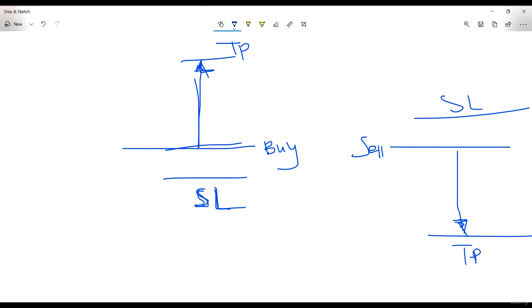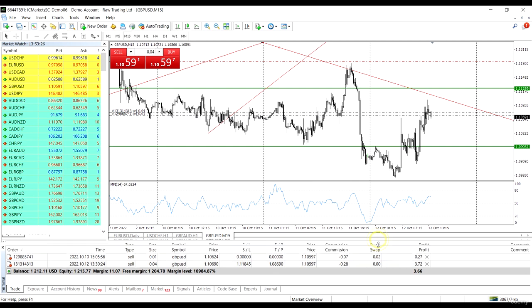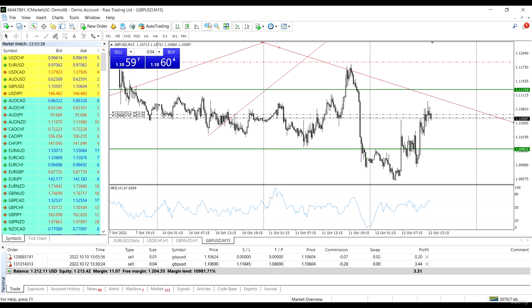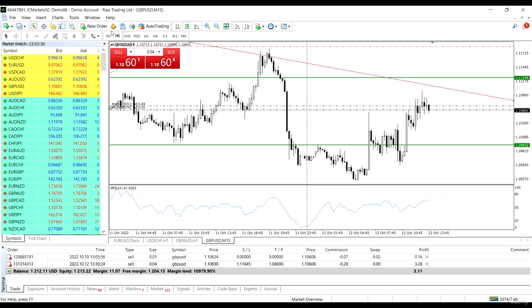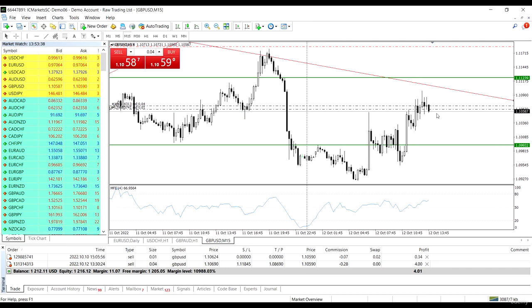Okay, so let me just come here on the charts. As you can see, I entered this trade and we are already in some profits. Still on the demo account which we opened. These are sell trades, right? As you can see, this is a stop loss order. This is one of the stop loss orders, and this is how a stop loss order will look.